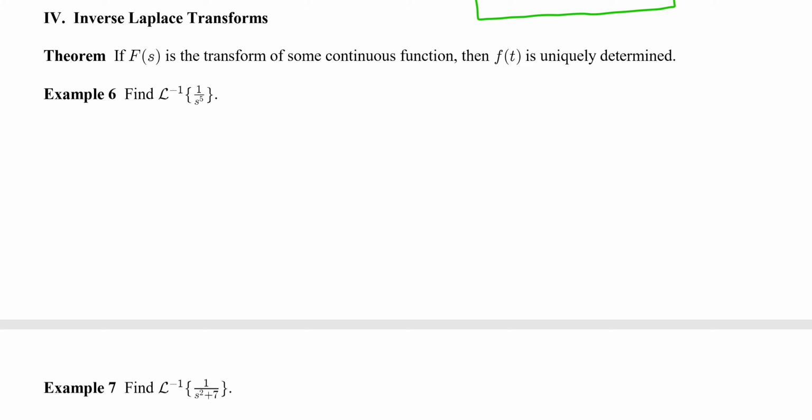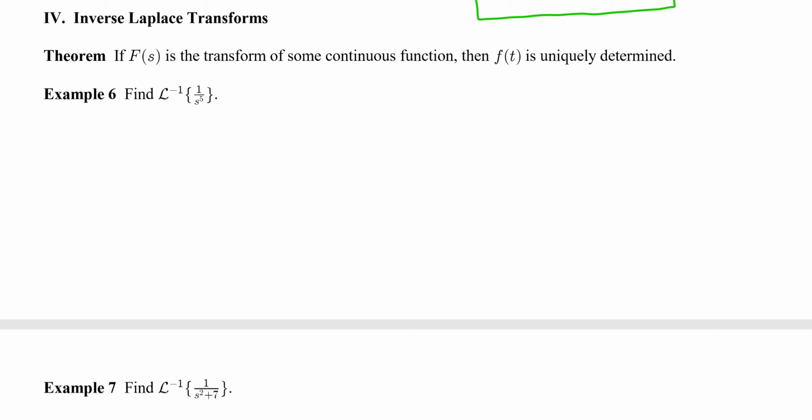And that's how we're going to finish this lesson. If big F of s is the transform of some continuous function, then little f of t is unique. So when I find the inverse transform, when I go from big F of s back to little f of t, this result is going to be unique.